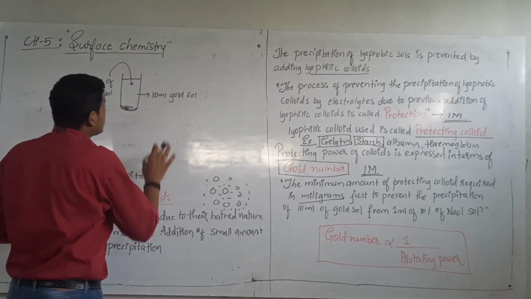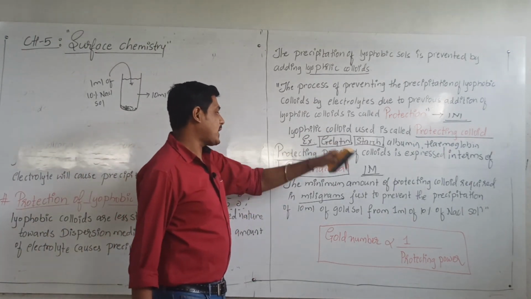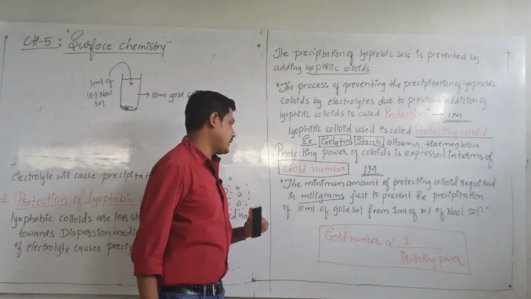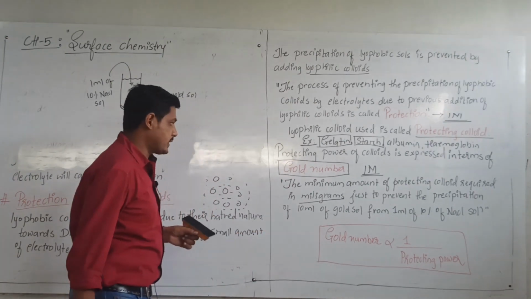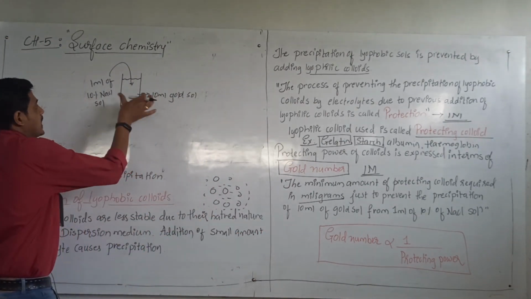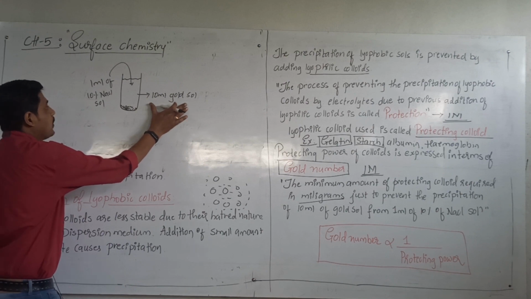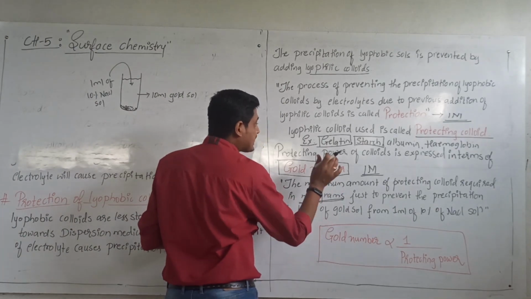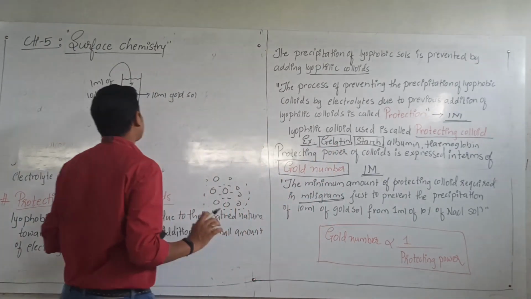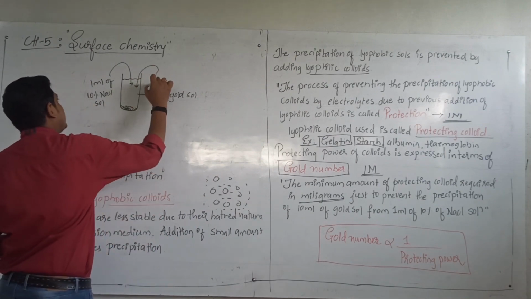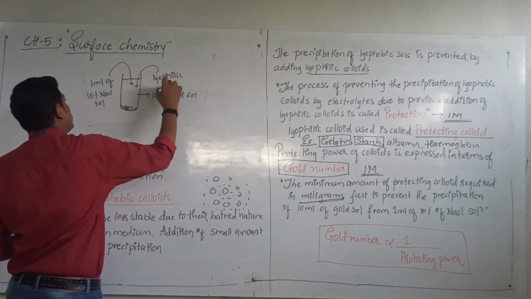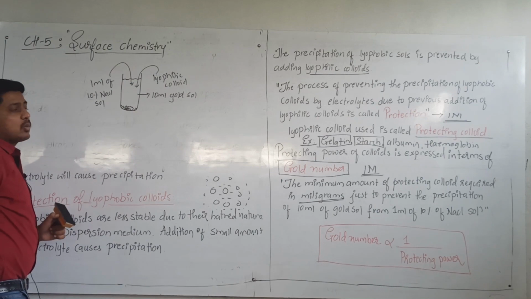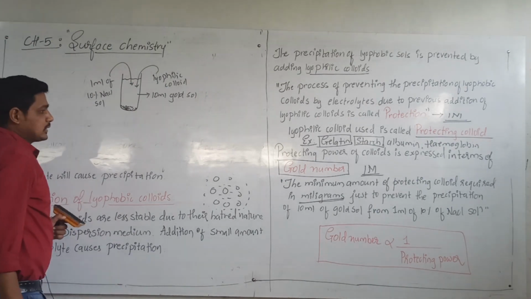Okay, so how much of the protecting colloid I have to add to prevent the precipitation is called the gold number. Let me repeat again: if I have 10 ml of gold sol with me, then how many milligrams of a protecting lyophilic colloid do I have to add before I am adding 1 ml of 10% NaCl solution?